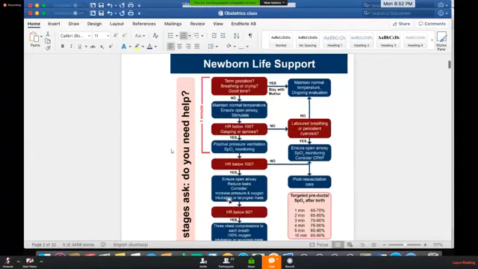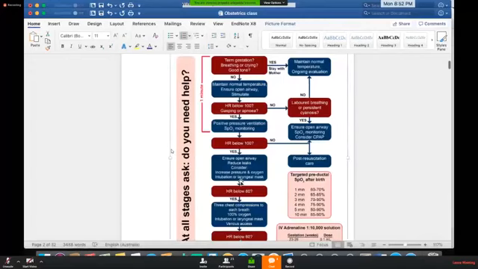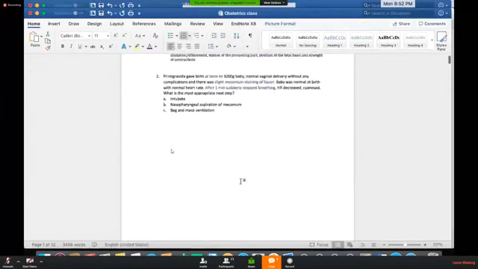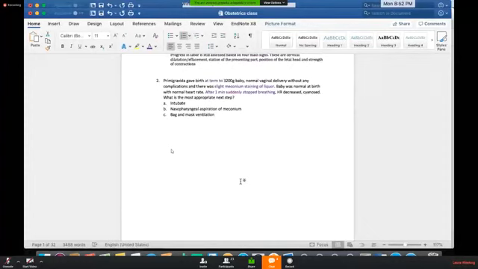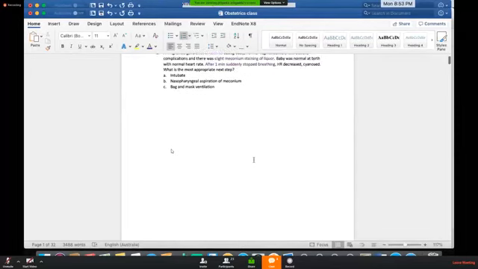Hello, doctor. I have a question. Yes, doctor. What if, in your question up there, this patient already had a heart rate, not yet indicated, but in the same scenario, the heart rate was less than 100? Even then the bag and mask will not help us as a first step, right? It will be intubate.